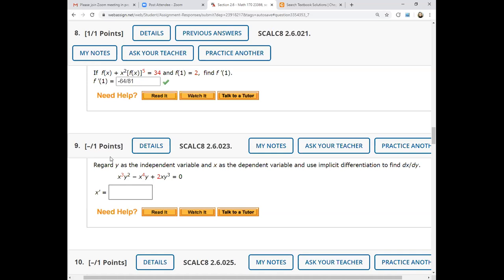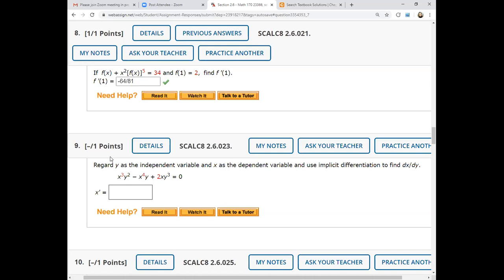So there's a 1 there. I'm thinking I did the first term wrong, but I have to go back and look at it.